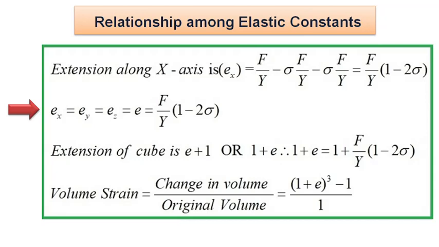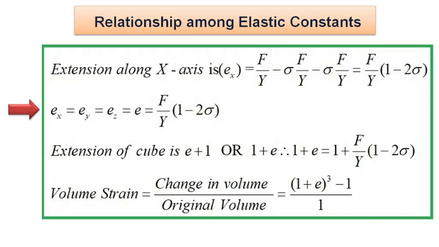The side of the cube after extension is 1 plus E, where E is an extension, either positive or negative. So 1 plus E is equal to 1 plus capital F divided by capital Y into bracket 1 minus 2 sigma.